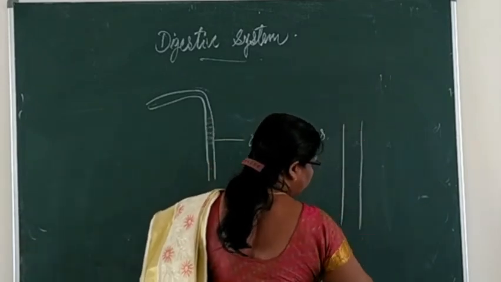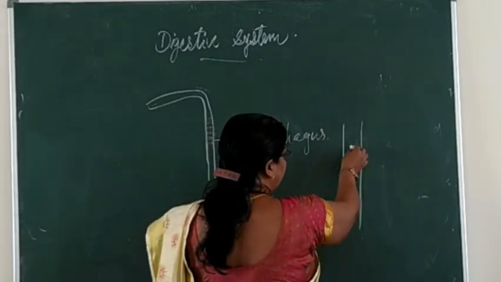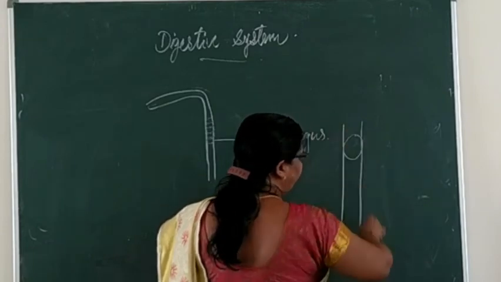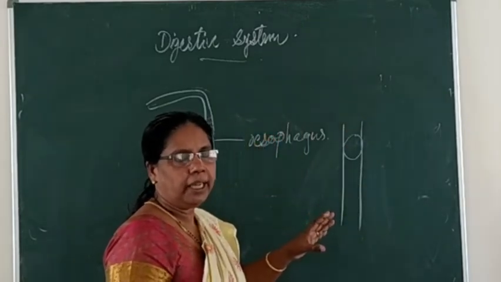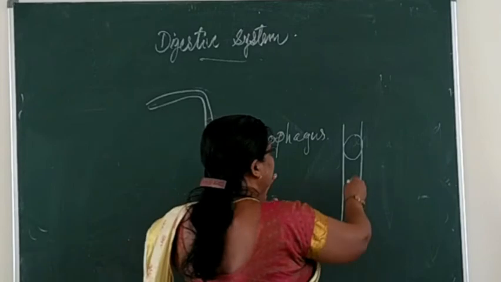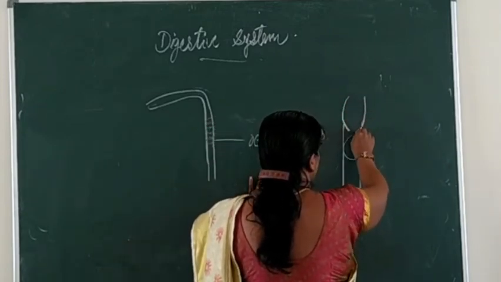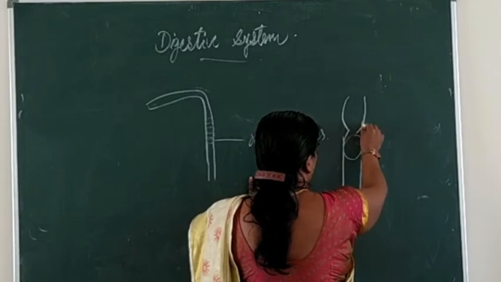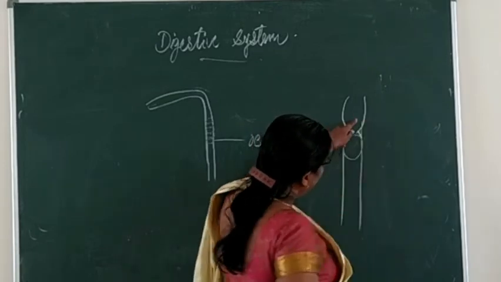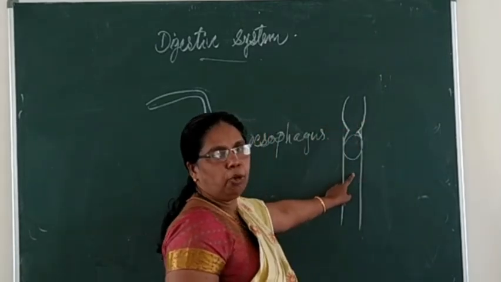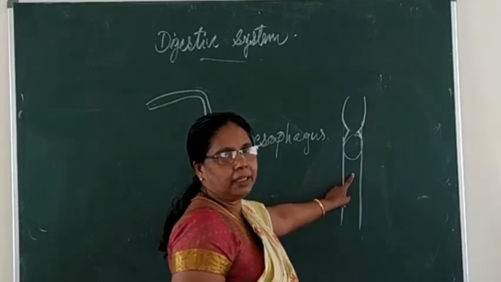See, this is the esophagus, and the bolus or the food is coming like this. Okay, what will happen? First, this region will constrict, so that when it constricts, the food will be moving to this region.